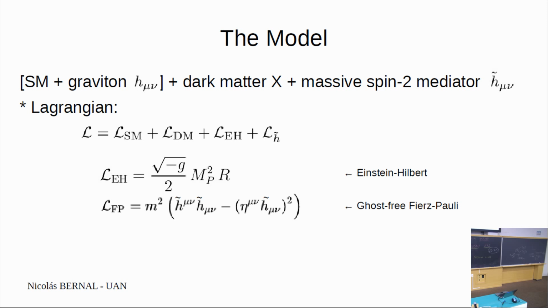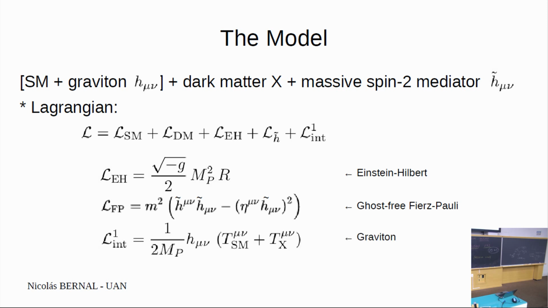But we also have this massive spin 2, so we'll have to take an equivalent of the Einstein-Hilbert Lagrangian for the kinetic term of the massive spin 2. This massive spin 2, of course, has a mass term, and the only possibility is to take this Fierz-Pauli, because it's the only possibility which is ghost-free.